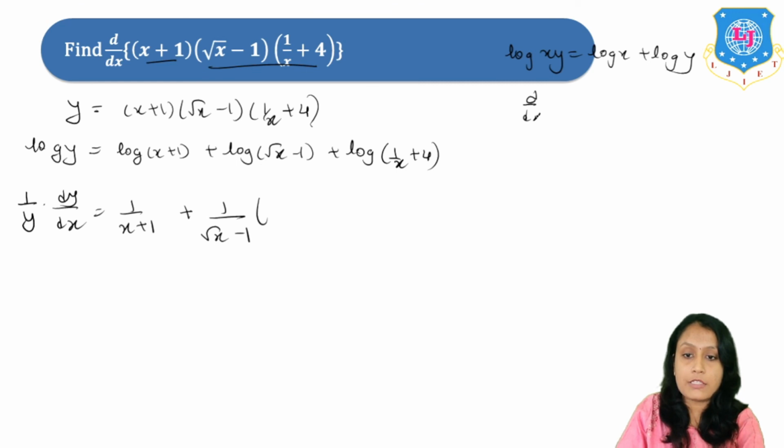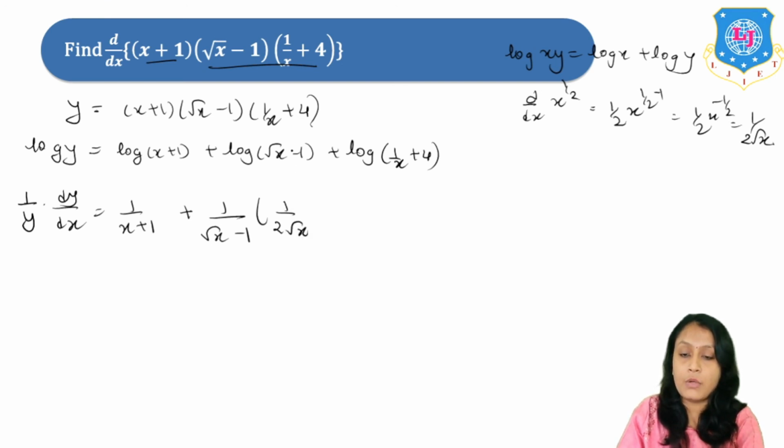Now d by dx of square root of x, that is x raised to 1 by 2. Okay. So we can write it like this: 1 by 2 x raised to 1 by 2 minus 1. So 1 by 2 x raised to minus 1 by 2, that is 1 upon 2 root x. Okay. So just remember this as a formula, that is derivative of square root of x is 1 upon 2 root x. Okay. Now this 1 is constant, derivative is 0 plus.